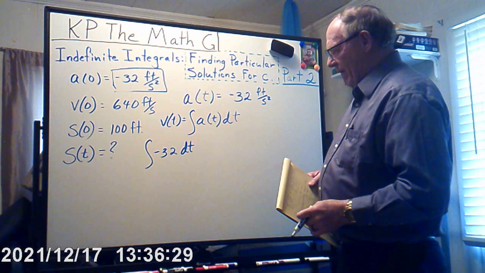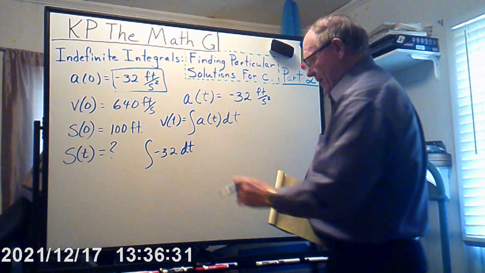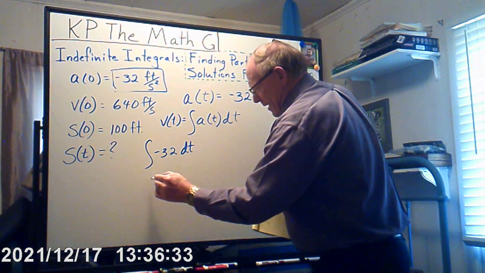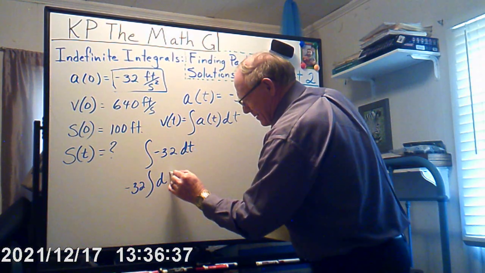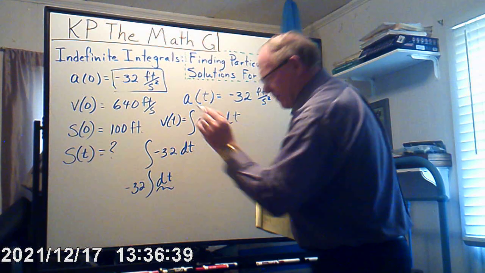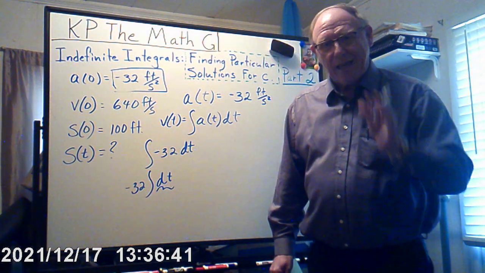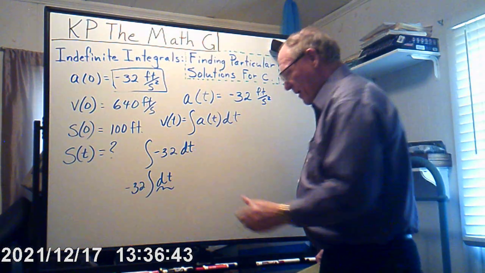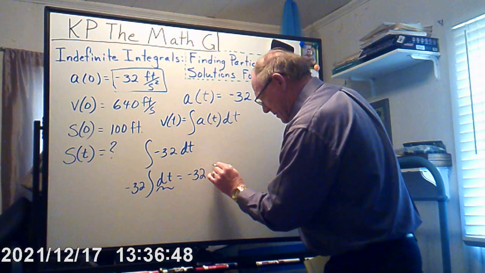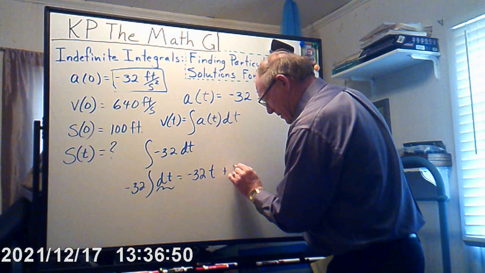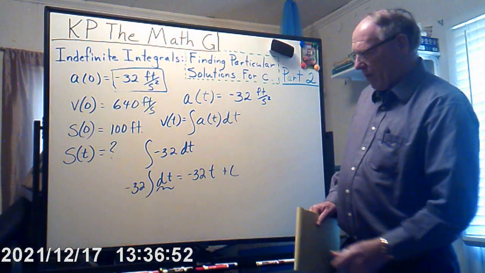You can put this negative 32 on the outside if you want to, and you just have dt. When you take the antiderivative of dt, that is just t. So that's equal to negative 32, and just put a t on the end, and then plus c. That's it. So what have you found?